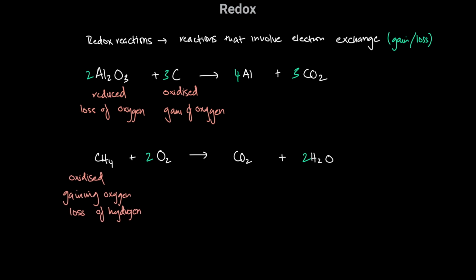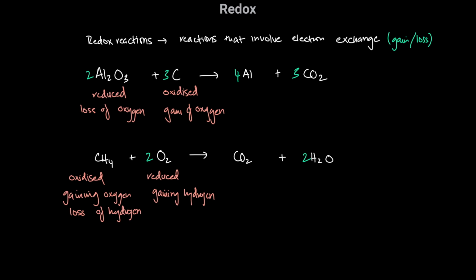Now over here, we can say that oxygen is undergoing reduction because it is gaining hydrogen. Again, these are not the best ways of looking at redox reactions. This is how historically we've looked at them.